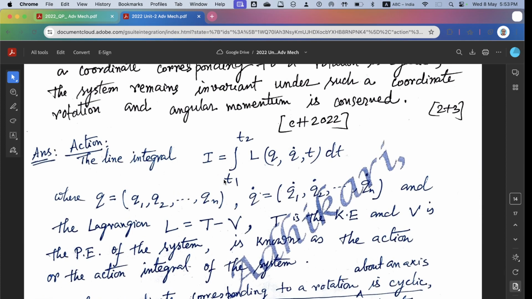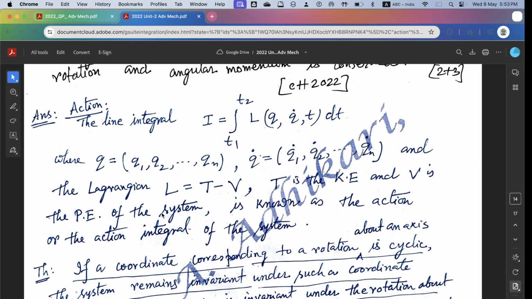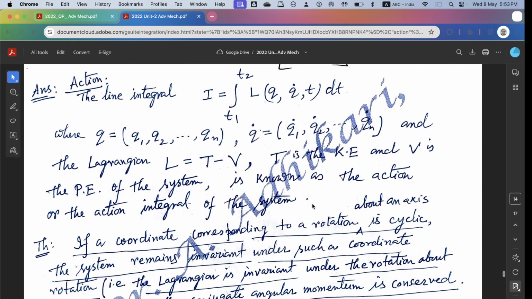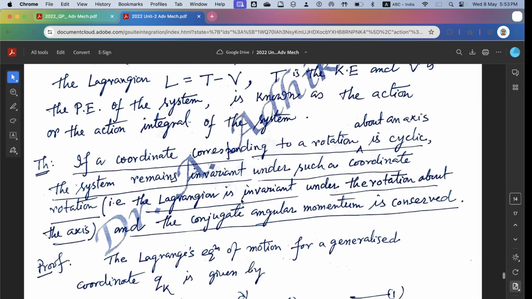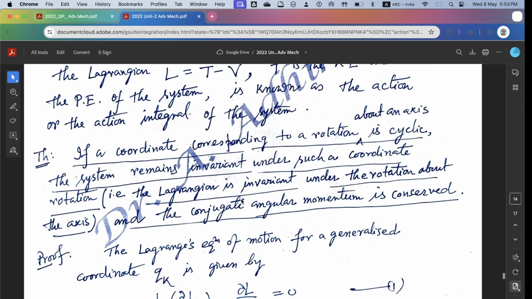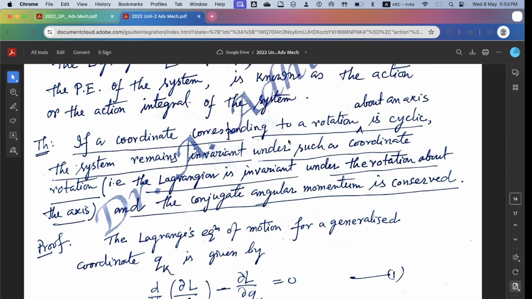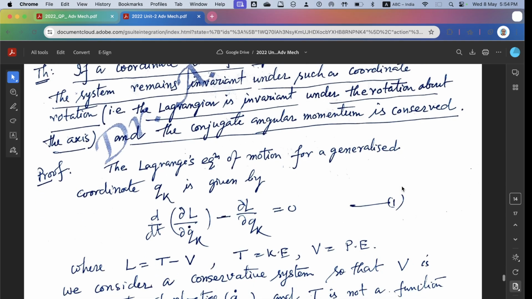The action integral I is the integral from t1 to t2 of L dt, where L is the Lagrangian T minus V, and this is known as the action integral. Now the theorem is this: if the coordinate corresponding to a rotation about an axis is cyclic, the system remains invariant under such a coordinate rotation. That is, the Lagrangian is invariant under rotation about this axis of rotation, and the conjugate angular momentum is conserved.